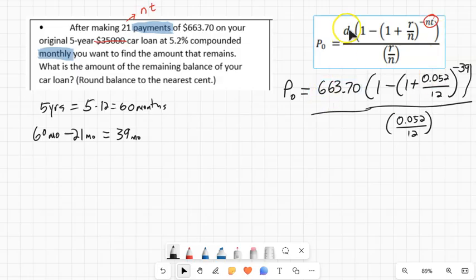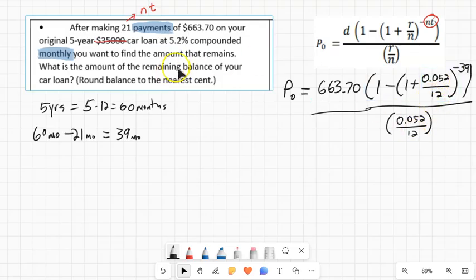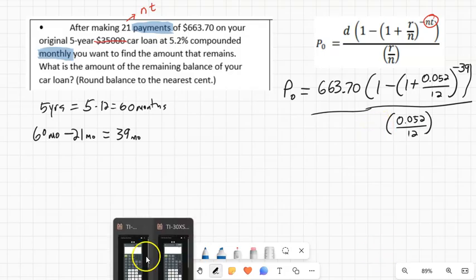So we're still using the monthly payment, the same interest rate, the same frequency, but instead of all 60 months, we only have 39 months left over. And we don't use the 35,000 because we've already paid some of it back. This calculation will give us how much money we still owe the bank. So let's calculate this and see what we get.